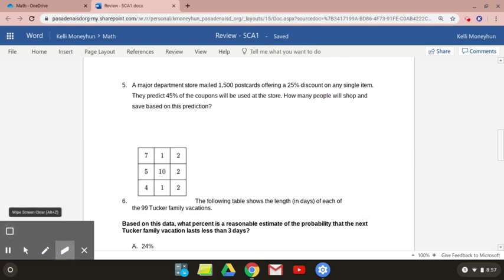All right, next it says a major department store mailed 1,500 postcards offering a 25% discount on any single item. They predict 45% of the coupons will be used at the store. How many people will shop and save based on this prediction? Okay, so prediction means to set up a proportion. So go ahead and do that. Now we need to go back and identify what's important and what's not. So first of all, it says percent, 45% will be used.